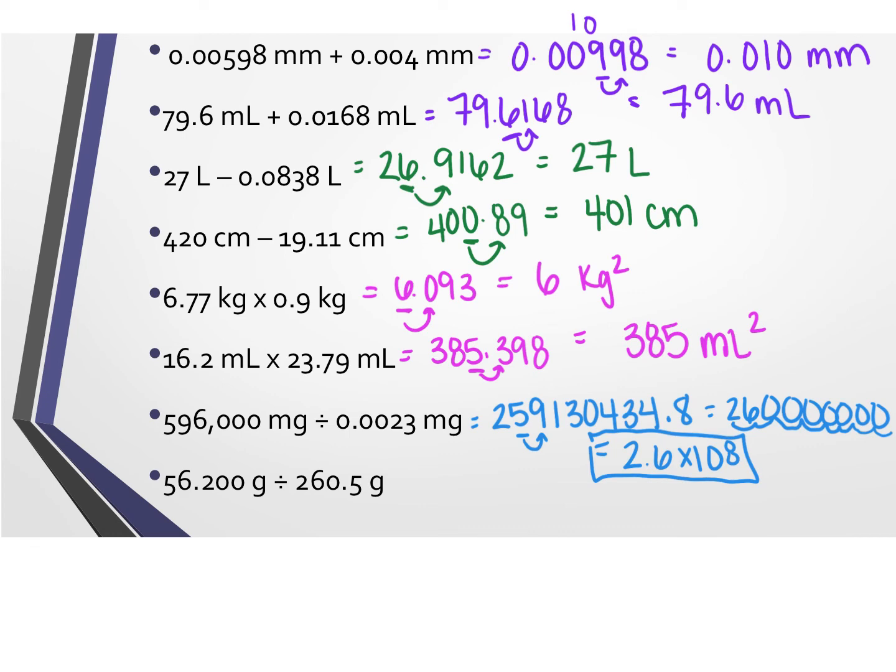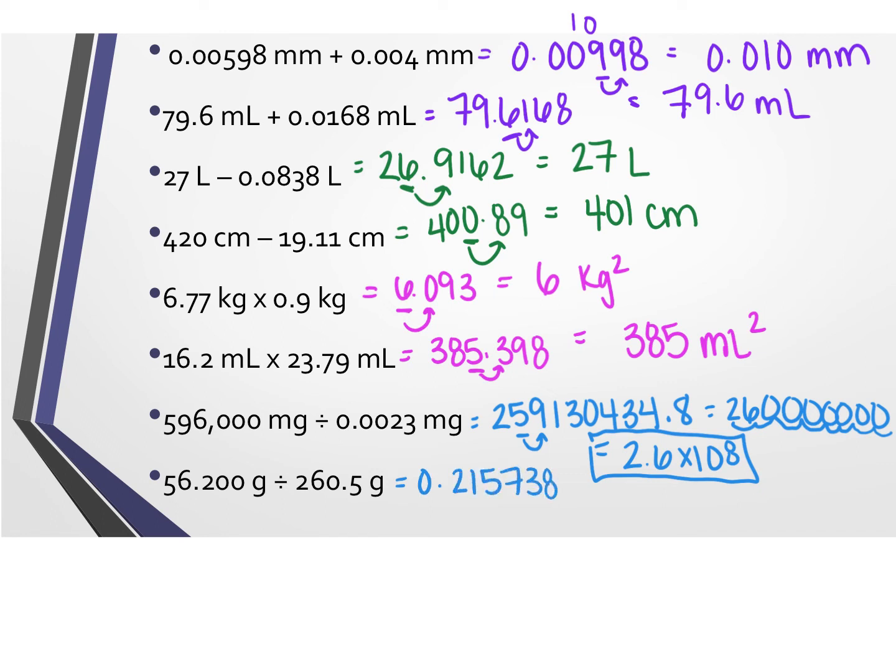And then last one, 56.200 divided by 260.5 grams. What do you get? 0.2573896.